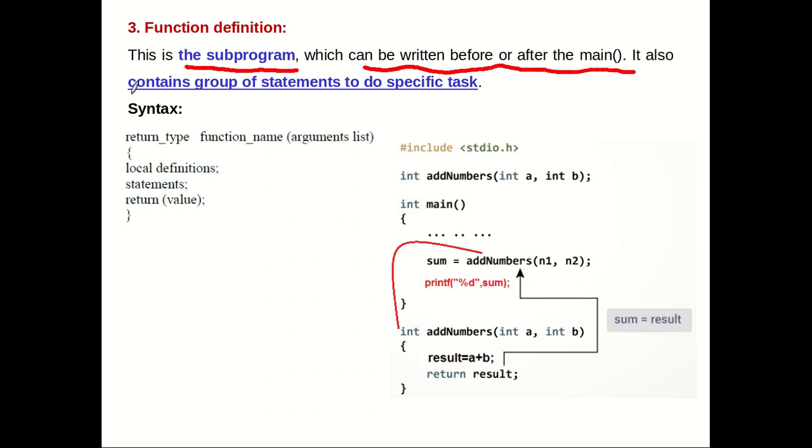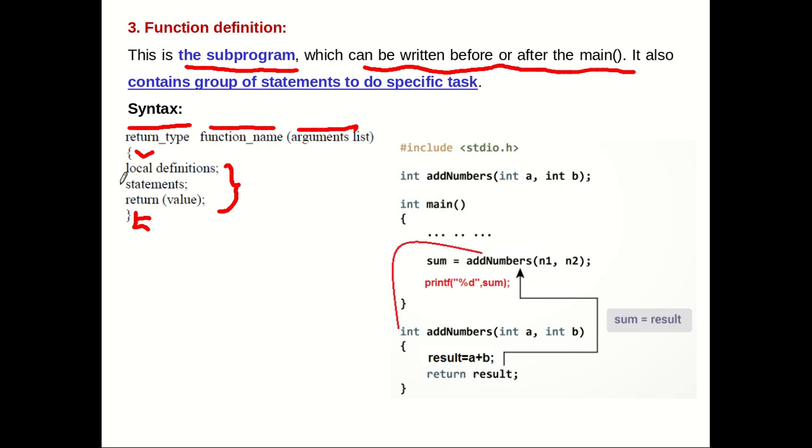So the syntax is, you have to first mention the return type, the name of the function and the argument list. Then flower bracket open, you write down the list of instructions which perform the actual operation, and after that you close the flower bracket.